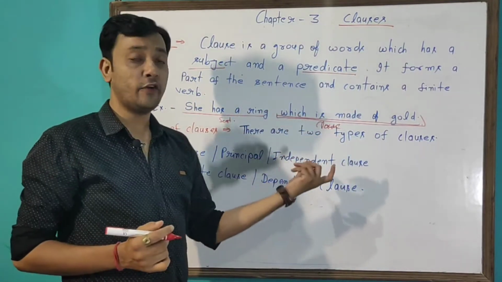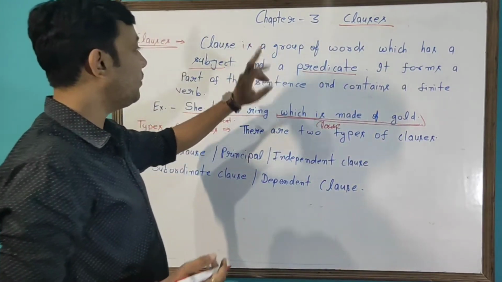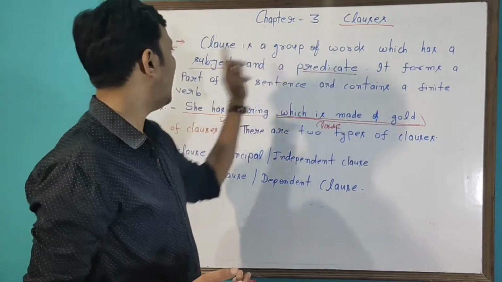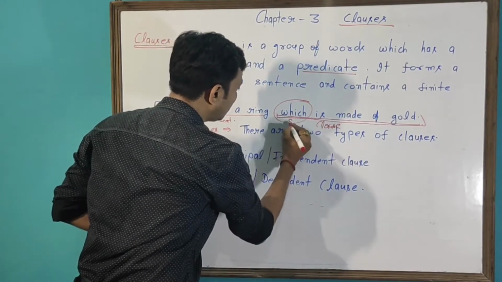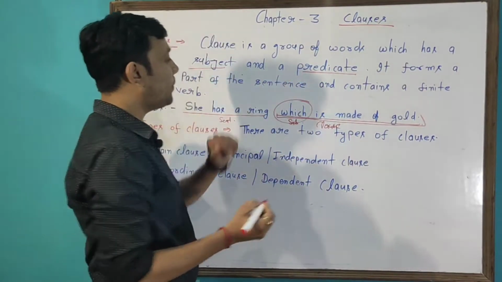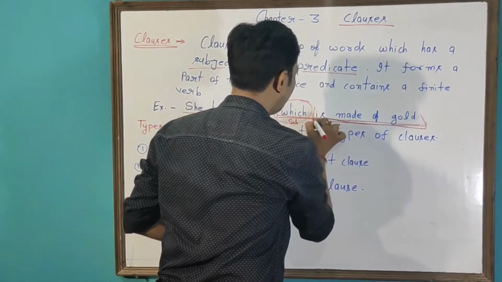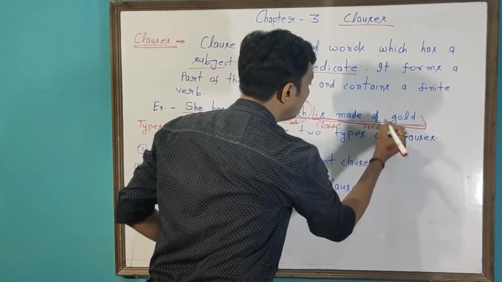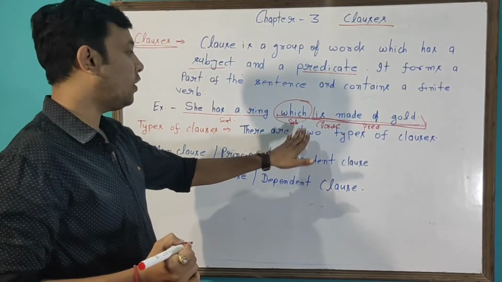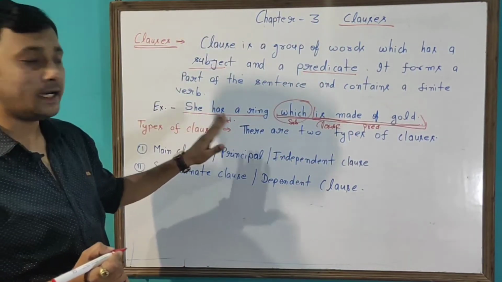Now how do we identify that this part is a clause? As per the definition, a group of words which has a subject and a predicate. This part, is made of gold, is known as a predicate. So a group of words which has a subject and a predicate and forms a part of a sentence.